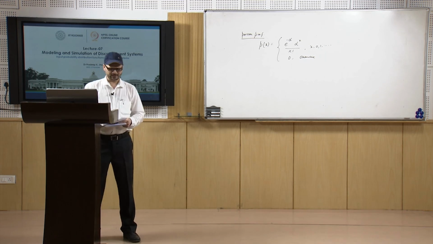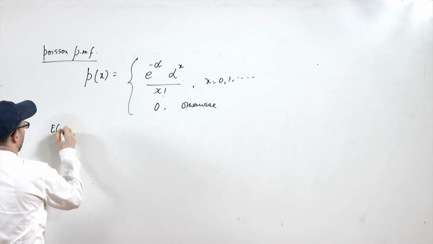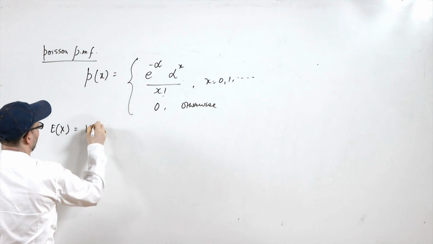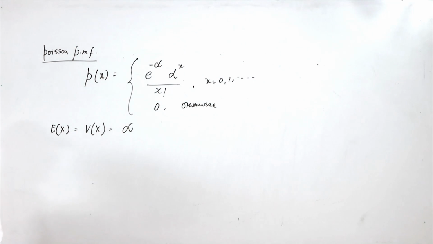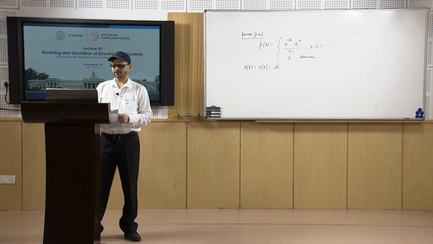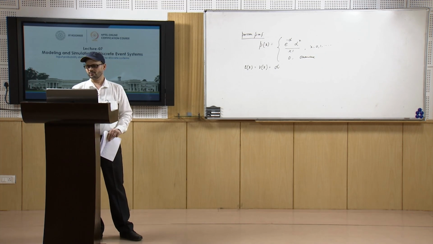Now, in this case, as we discussed, the mean as well as the variance is the same, that is alpha. This is the Poisson distribution mass function.